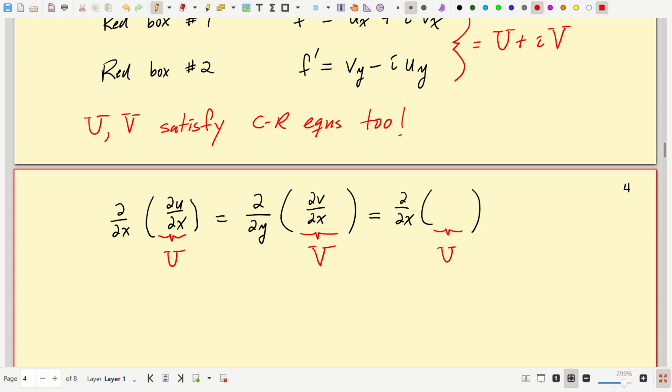I'm going to write the u again, but this time I'm going to write it as the other one, dv dy. And that's equal to d by dy of the v, which this time I'm going to write as minus du dy.